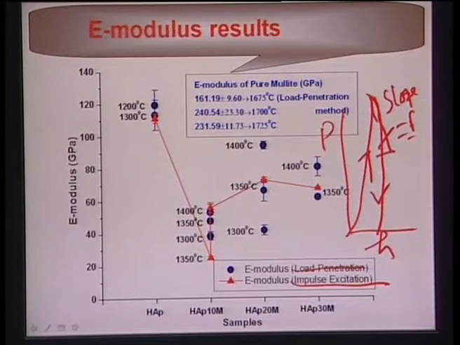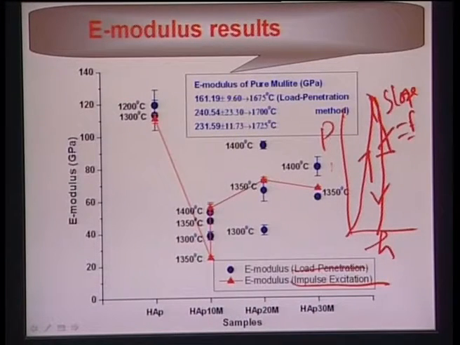Another way you can measure the elastic modulus is impulse excitation. You take a bar sample, you impulse it by hitting it with a steel ball or tungsten carbide ball, and then you can measure the resonance frequency. You apply a certain general formula, and you can get the elastic modulus of these materials.